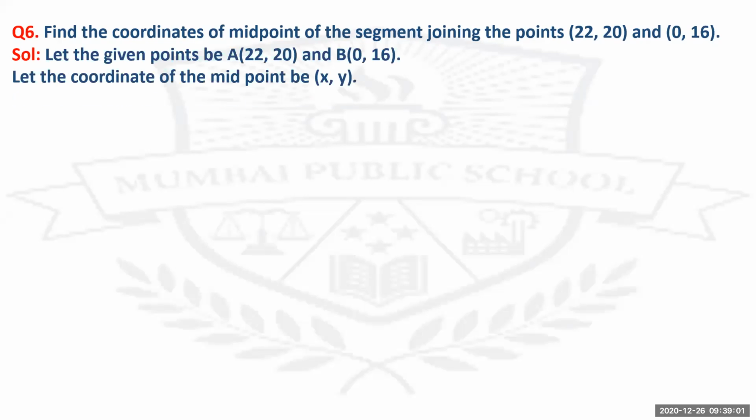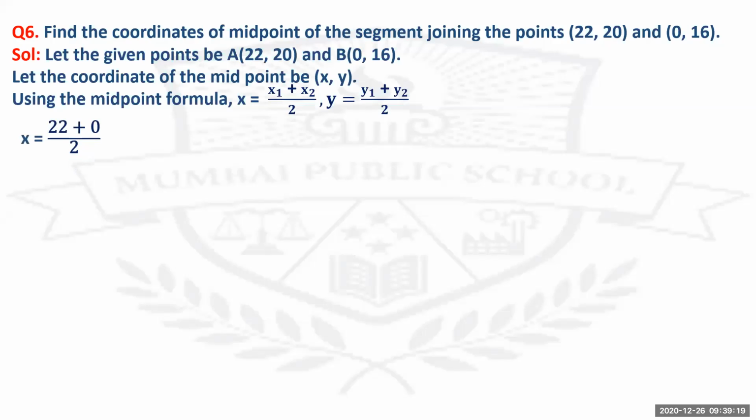Therefore, we'll assume the coordinates of the midpoint to be (x, y). So using the midpoint formula, we'll get x equals (x1 plus x2) upon 2, y equals (y1 plus y2) upon 2.